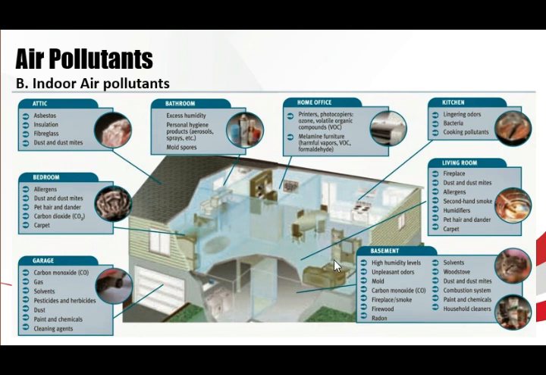Especially when we talk about the comfort room, or the bathroom. So you can see there an example, like personal hygiene products, aerosols, sprays, the ones we use as air fresheners inside our comfort room or bathroom. Those are also a source of what we call indoor air pollutants. And molds, spores.